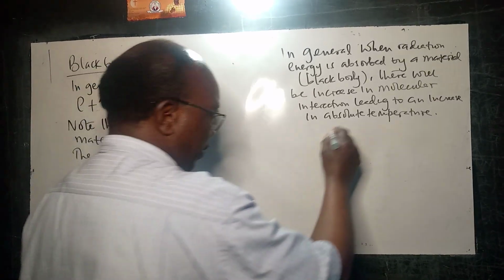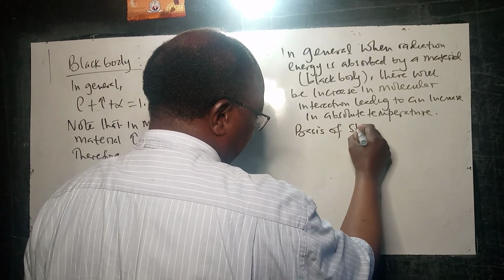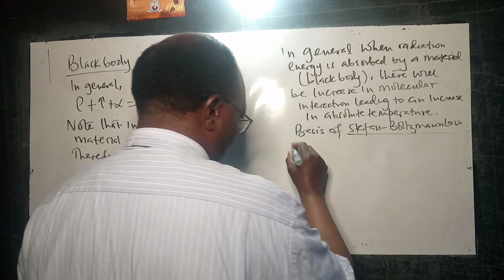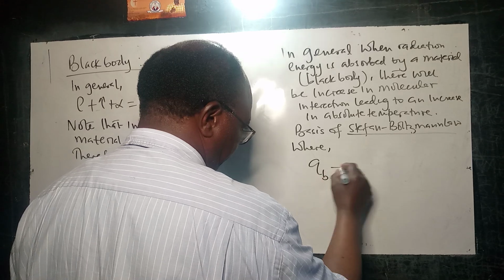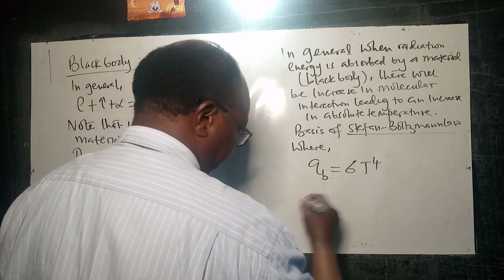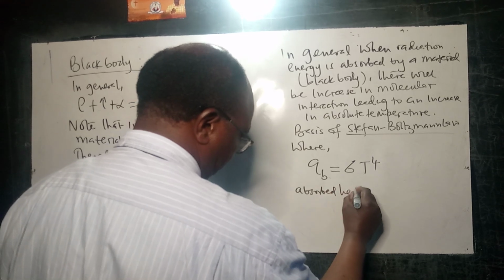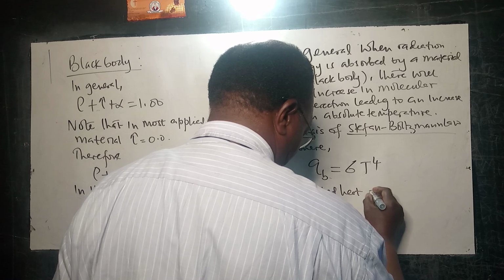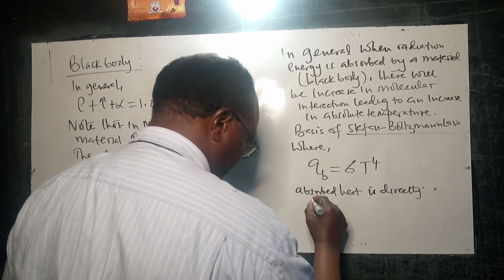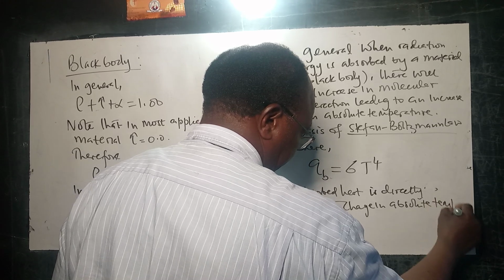So in most cases, this is the basis of the Stefan-Boltzmann law, where Q for a black body is sigma T to the power 4, directly proportional to the absolute temperature raised to power 4.